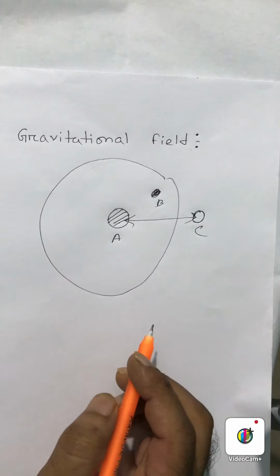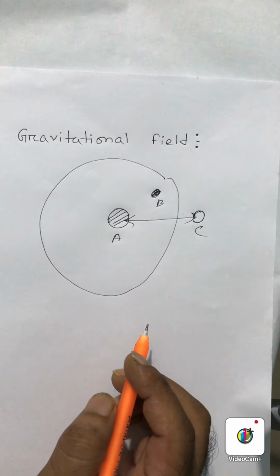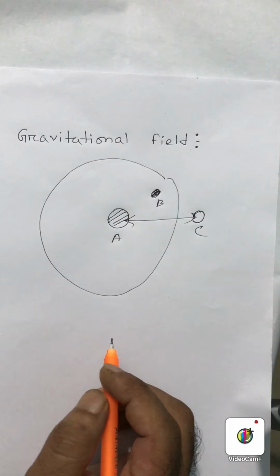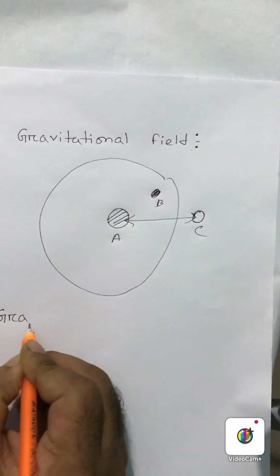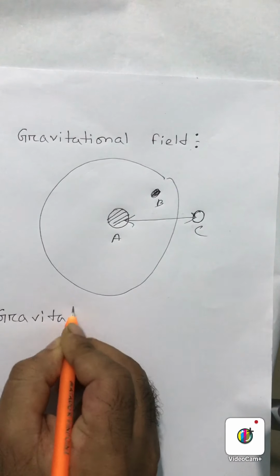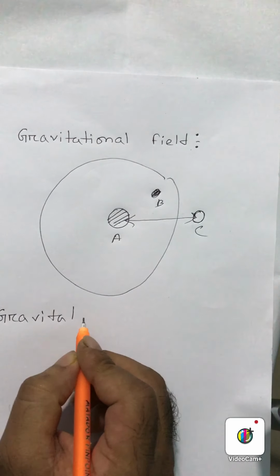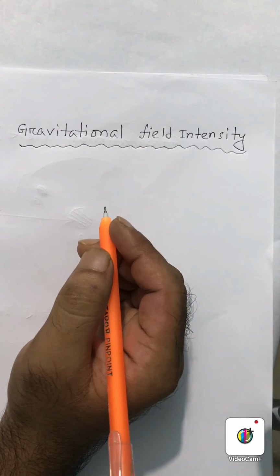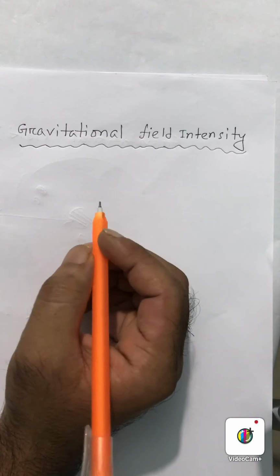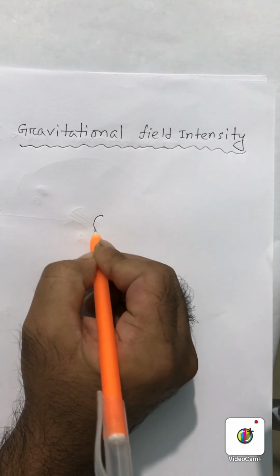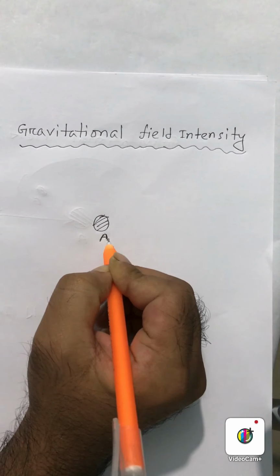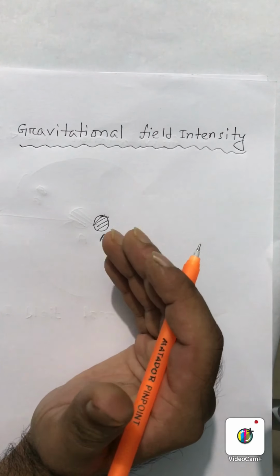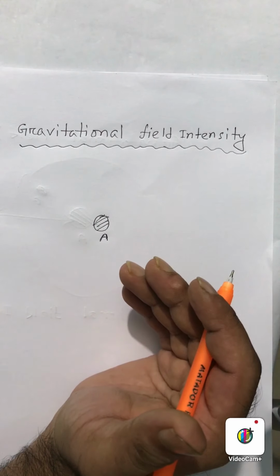Now we discuss gravitational field intensity. What is gravitational field intensity? An object is placed at the point A. The gravitational field of the object A extends up to infinite distance.